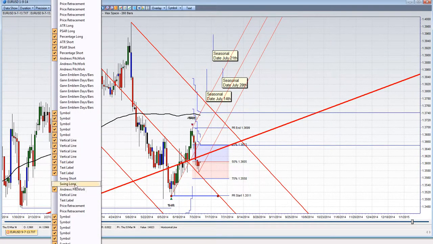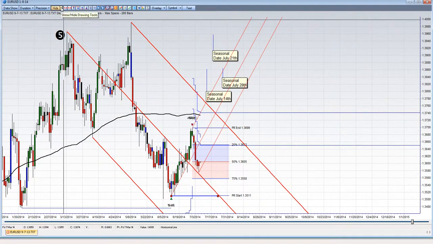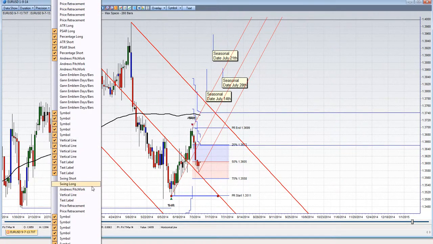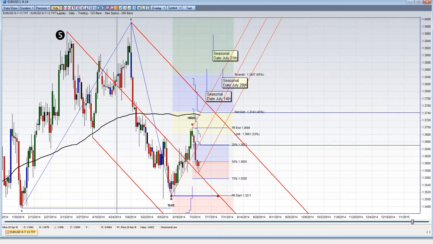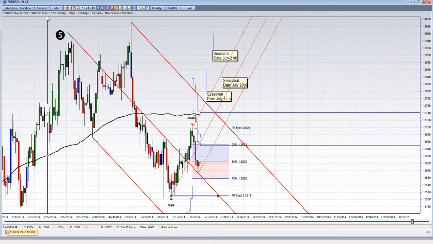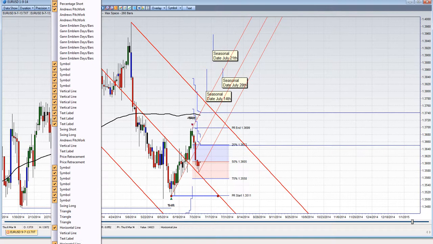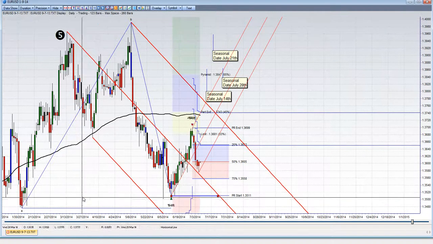What else I wanted to show you? Let's get that out of the way. Let's forecast a little bit here and see what we got going on. Well, that's not going to work. That's a bigger ABC. Let's kind of get an idea where this euro could go if this is a pivot low.